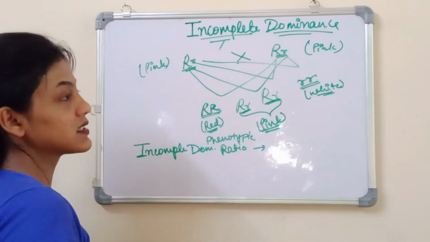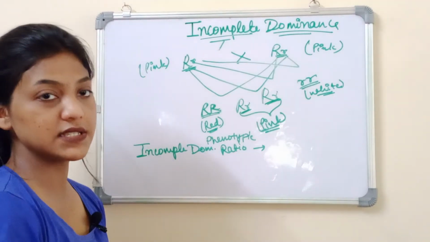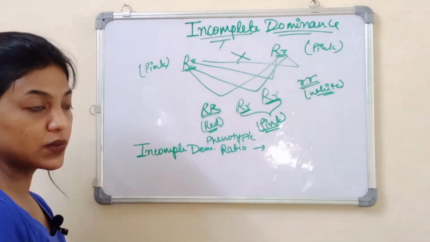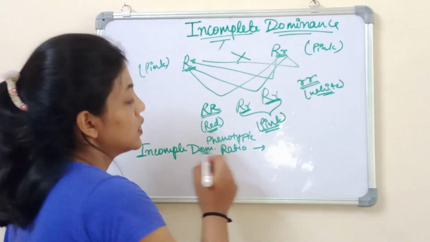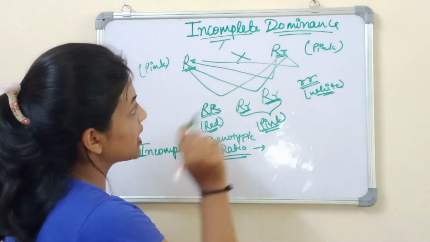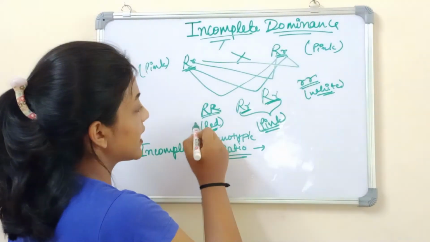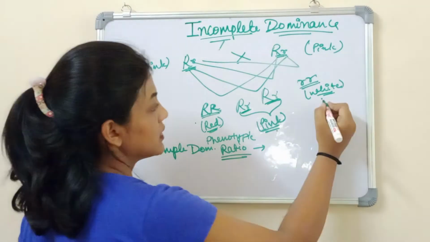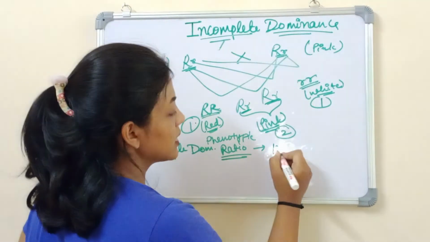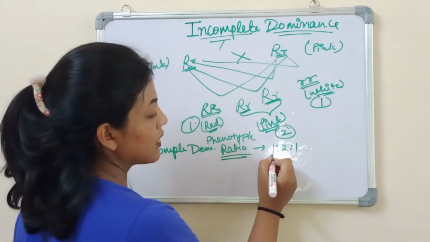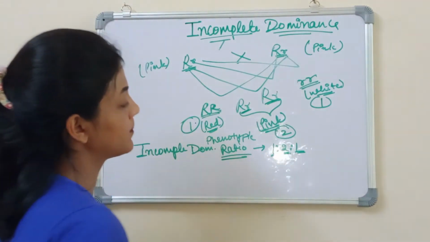Like the flower color or the plant height, you can observe them easily. So these are the phenotypic characters. The phenotypic ratio in incomplete dominance is 1 red, 2 pink and 1 white, right? So it will be 1:2:1.